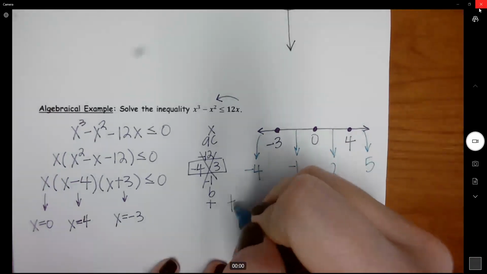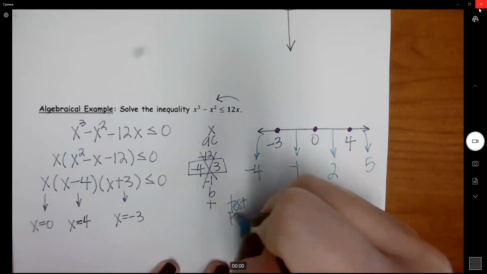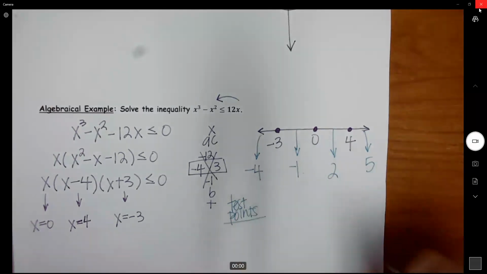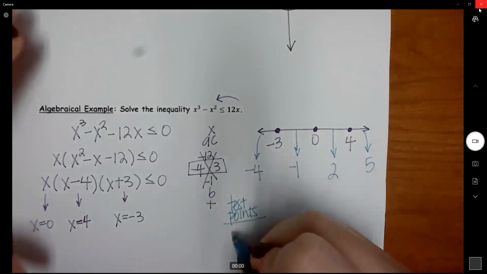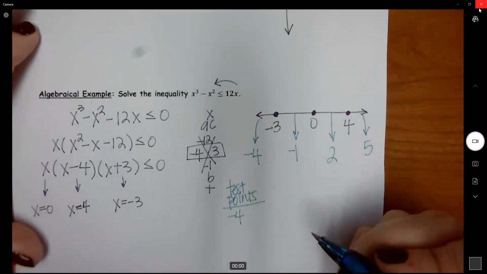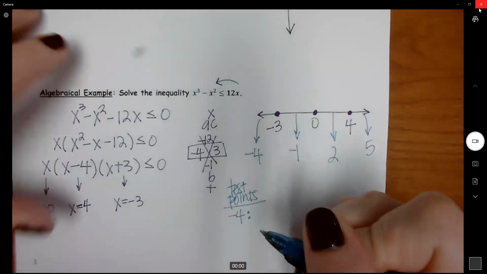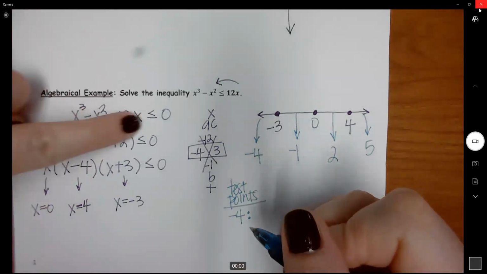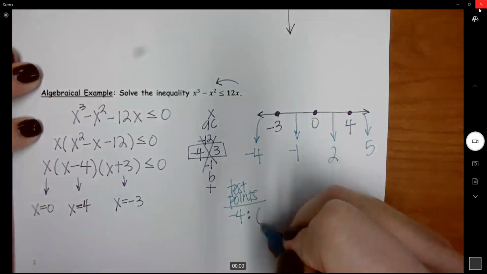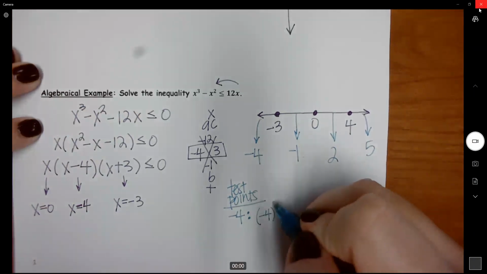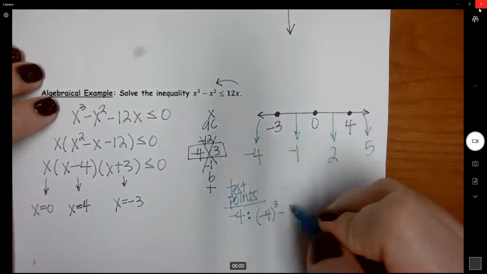So you take your test points and you plug them in. When I have negative 4, I'm going to plug that into all 3 of these x's here. And when we plug these in, they've got to go in parentheses.